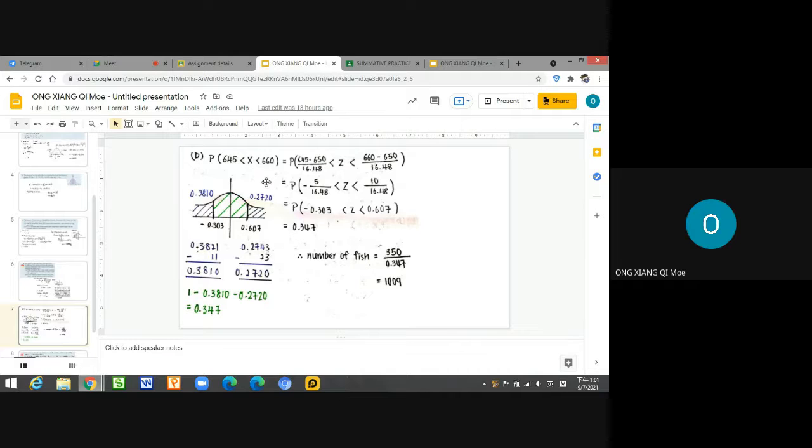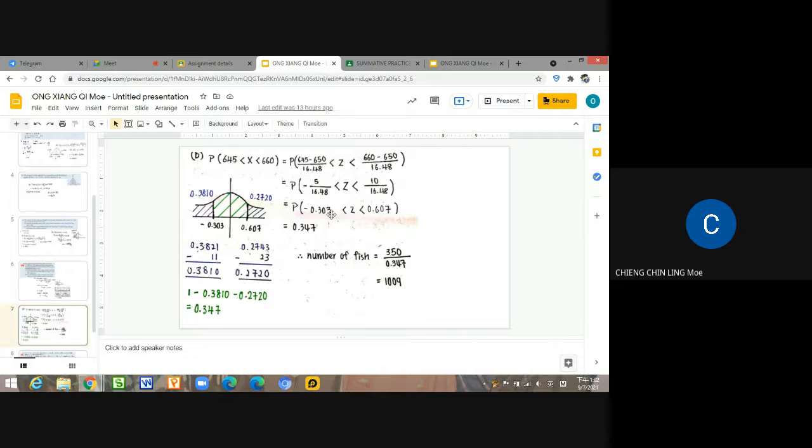In order to convert the normal distribution to the standard normal distribution, we have to find the Z score by substituting all the information into the formula, the same as the previous question. After that, we get two Z values, which are negative 0.303 and 0.607.